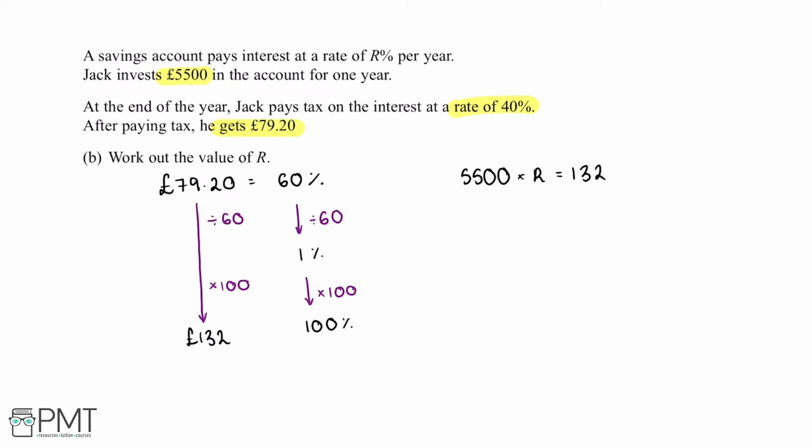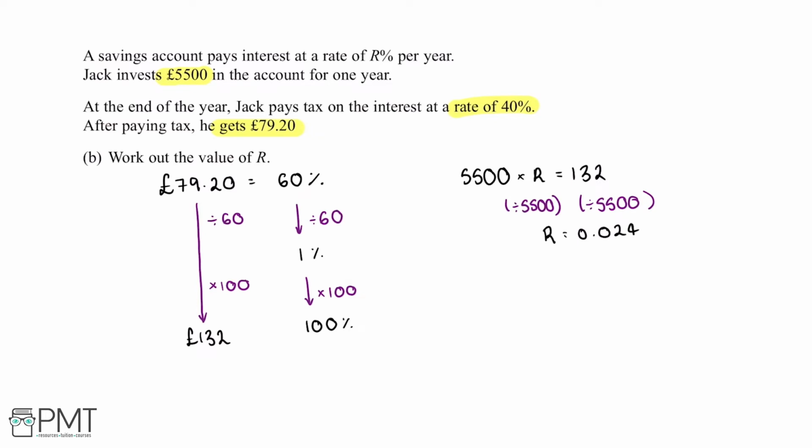And now we're going to want to rearrange this equation to make r the subject. And we can do this by dividing both sides by 5,500. So 5,500 multiplied by r divided by 5,500 gives us r. And then 132 divided by 5,500 gives us 0.024.